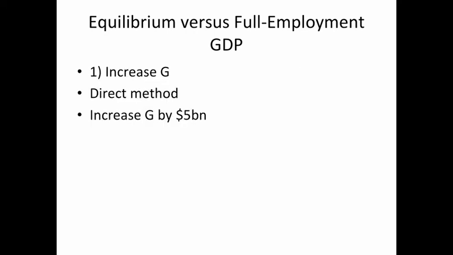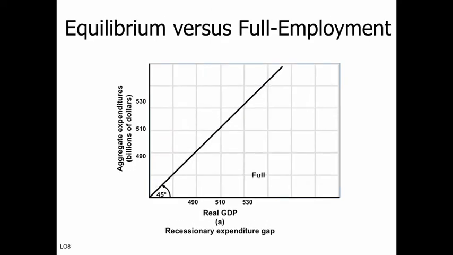So again, the first one is a direct method. If we want spending in the economy to go up by $5 billion, then the government can go straight in and increase spending by $5 billion. Spend more money on the military, spend more money on building roads, etc. That direct increase in G of $5 billion would then have the required effect.